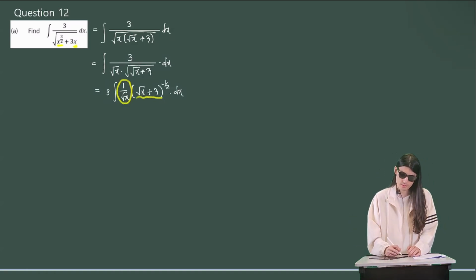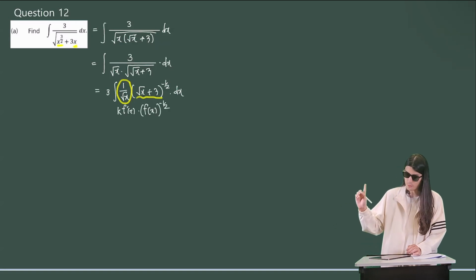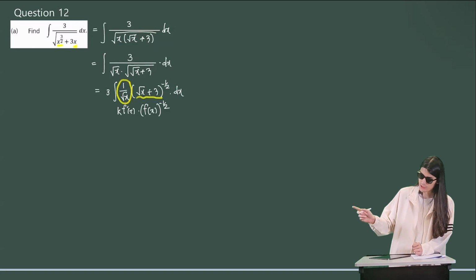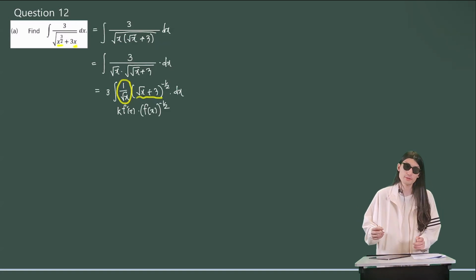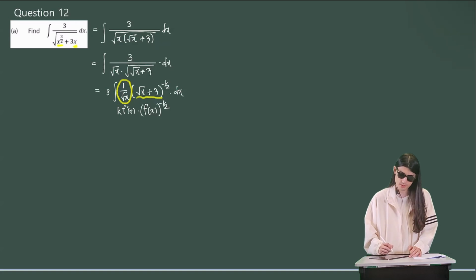Because I'm saying the integrand is in this form. f dash x multiplied by your f of x raised to the power of negative half, isn't it? Okay?